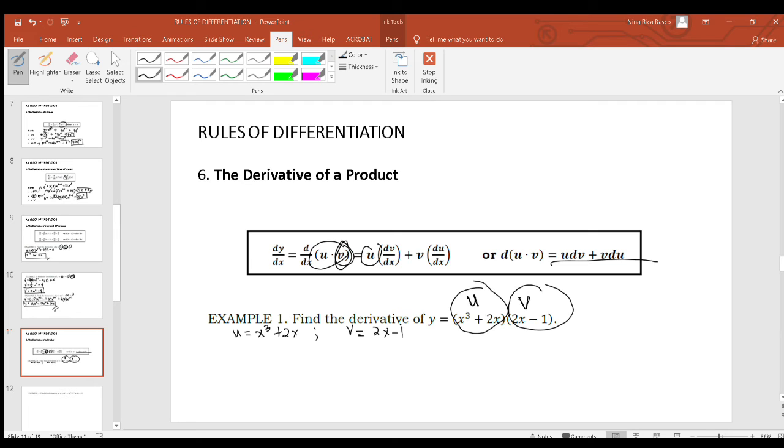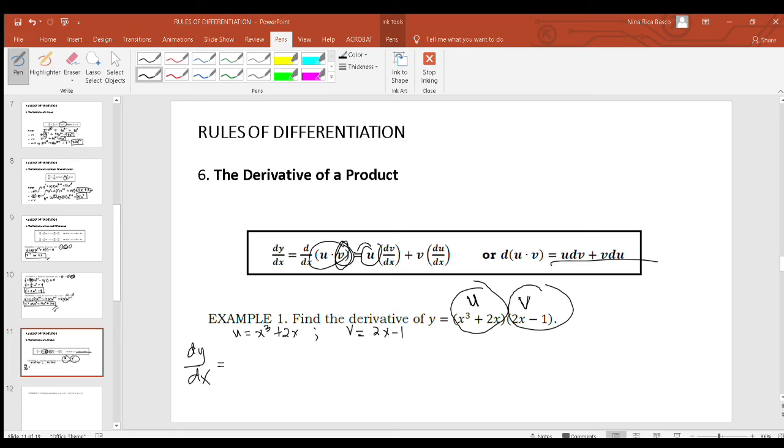Okay, ulitin ko. Bago tayo differentiate ng product, we have to set the u and v. After that, sundin na natin yung formula natin, which is u times dv over dx. Bali, dy over dx equals to u.